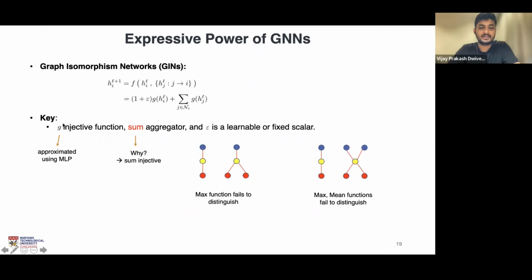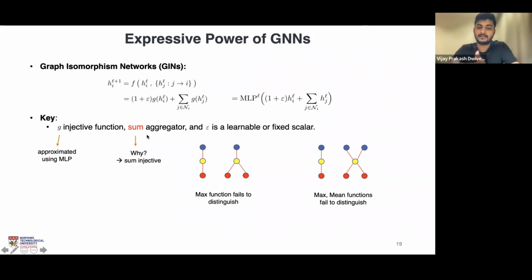So the G function is approximated using an MLP, and there are two G's in this part, and only one MLP is used to approximate G. It's natural because MLPs can compose different functions as well. So with only one MLP, we have this condition satisfied to have an injective G function. The second important thing is the sum aggregator.